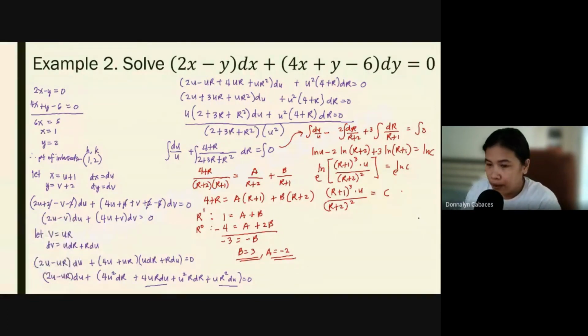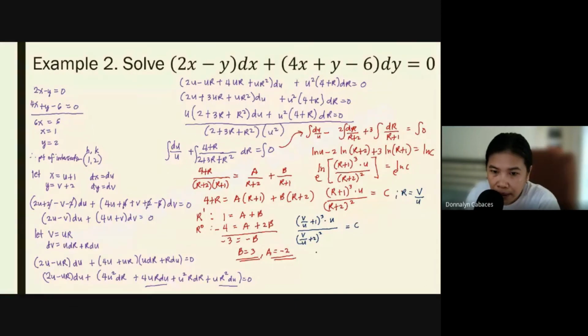Now, so here, again, R is equal to V over U. V over U plus 1 cube over, times U pala. Right? Okay, times U. And then this is V over U plus 2 square is equal to C.